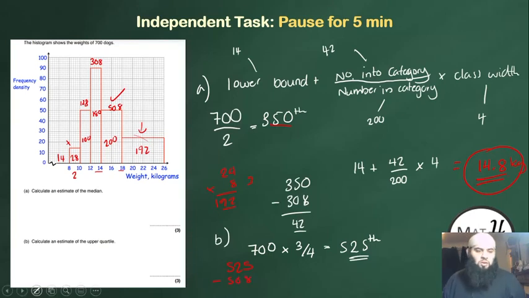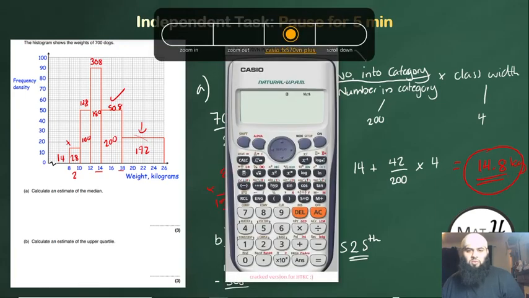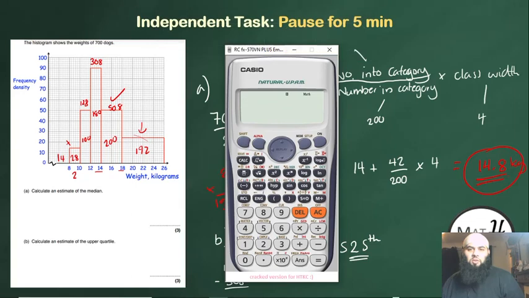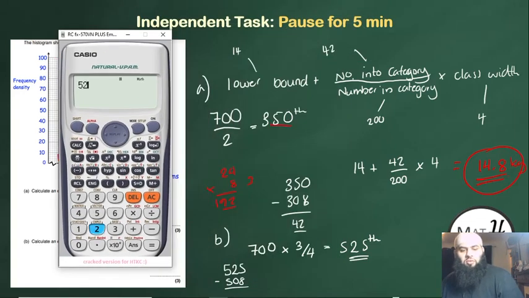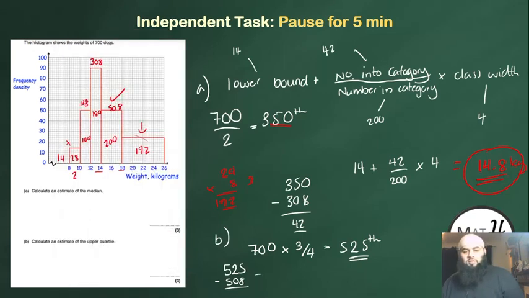Let me just use the white color and rub that out. 525 take away 508, put it on the calculator to save time, gives us 17. That's the number into category.